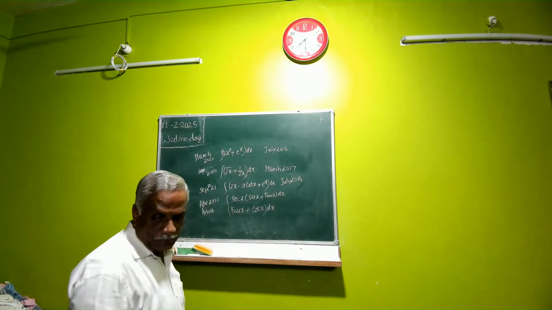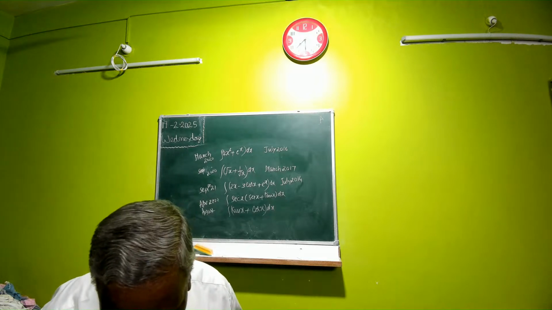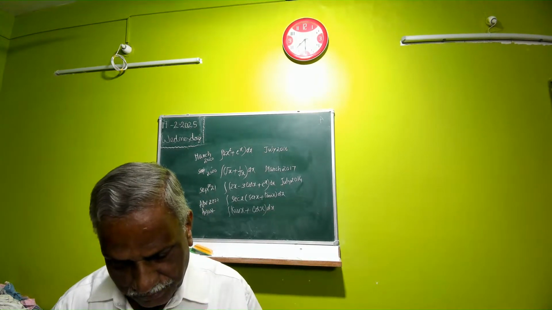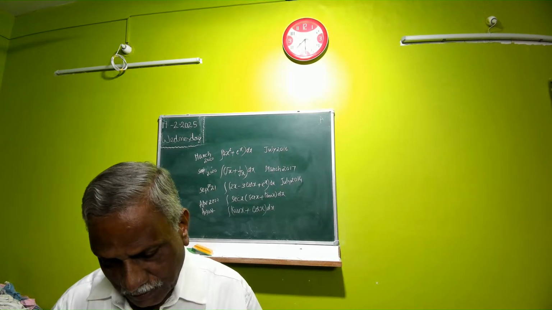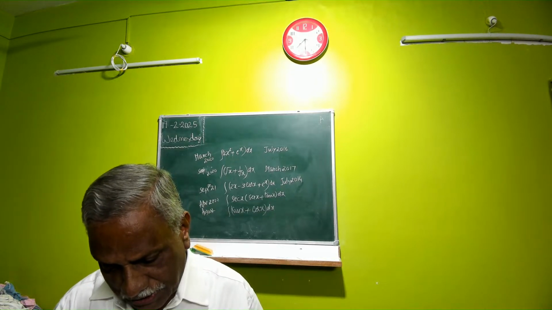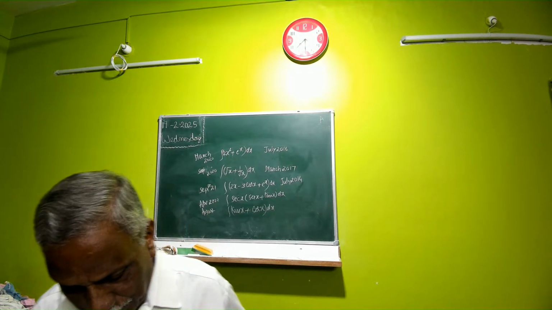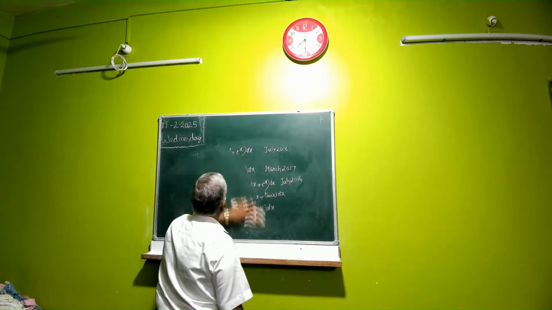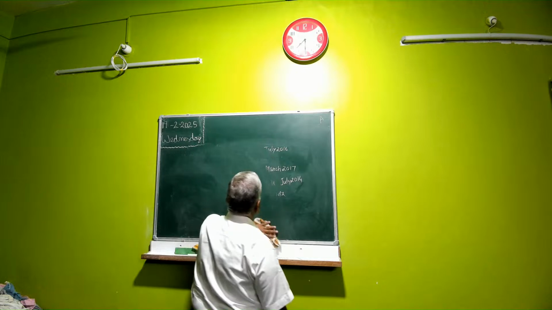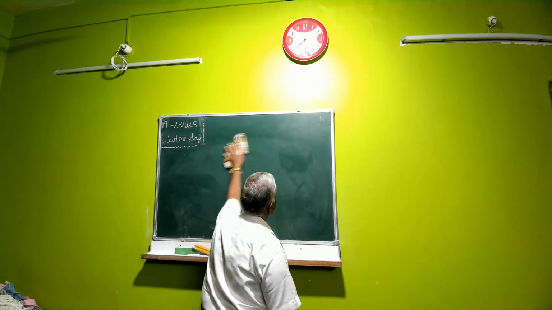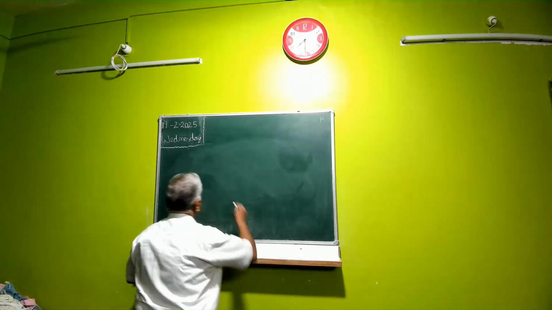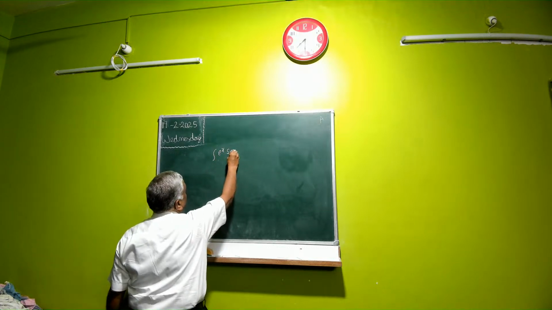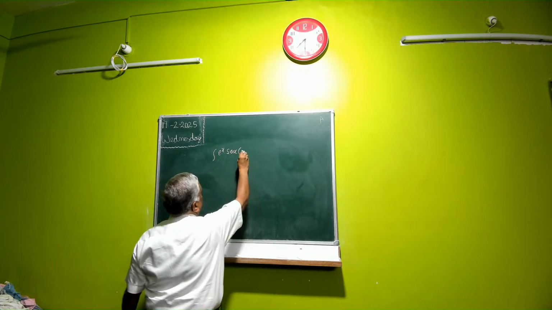Now we move on to March 2023. This is somewhat a good problem. The problem is e to the power of x into secant x into 1 plus tan x.